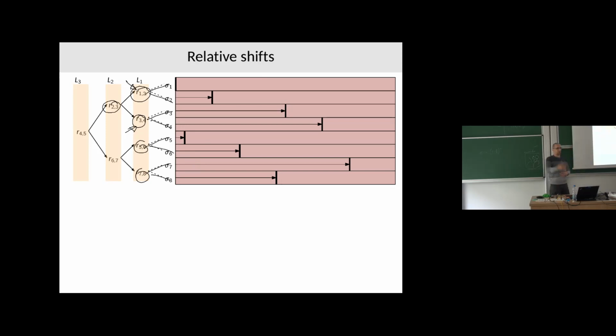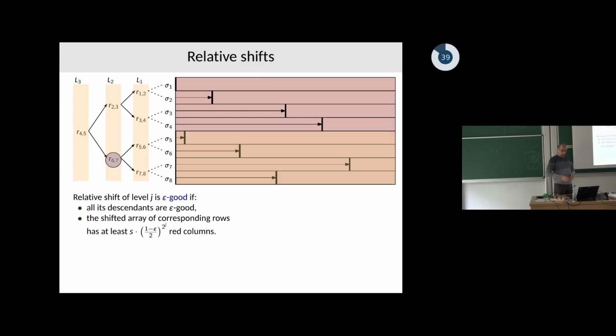There is still some freedom in how you define it, but it doesn't really matter. So instead of writing these shifts in a sequence like this, we can equivalently imagine a binary tree and write these relative shifts. The sequence of shifts can be read from this tree and the other way around, of course. And now we have to move our definition from the sequence world to the tree world.